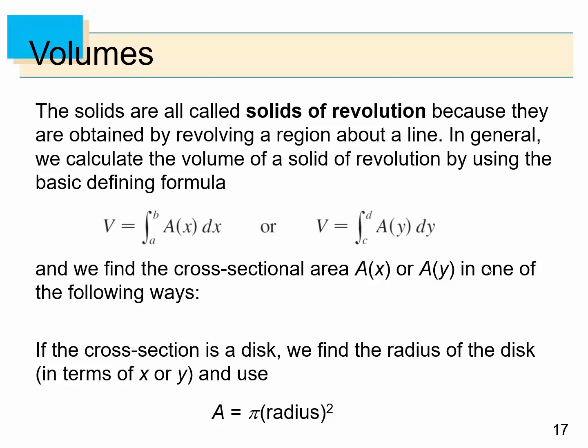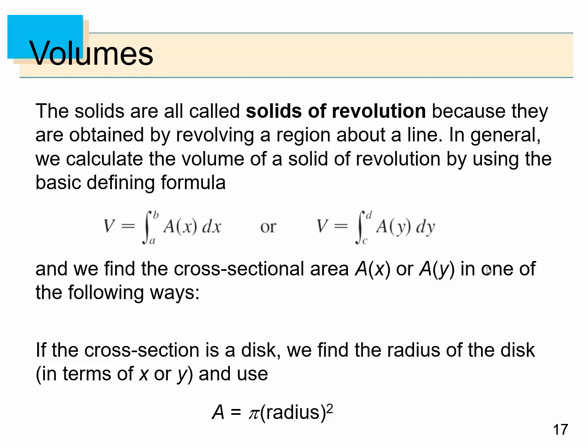So you're just going to find cross-sectional areas, and it's going to be a function in terms of x or a function in terms of y. We choose which function it is depending on which direction we're integrating, right? If we're integrating with respect to x, then we need everything in terms of x, meaning our cross-sections are going to roam left and right, right? So that's why there's a change in x. We're changing in the x direction.